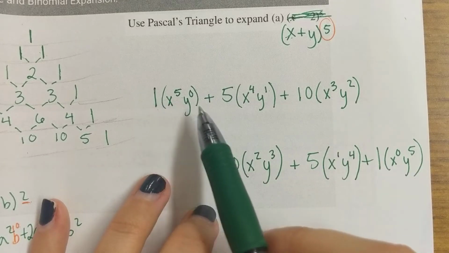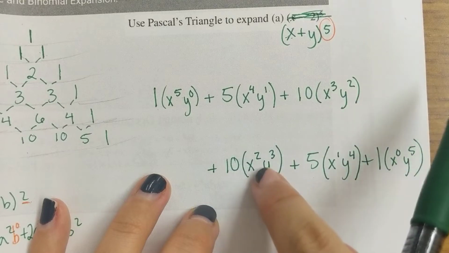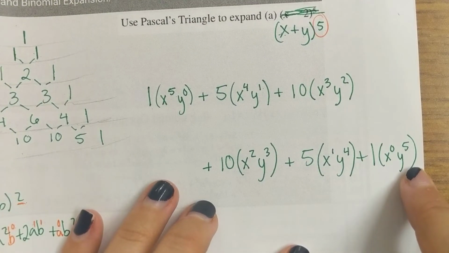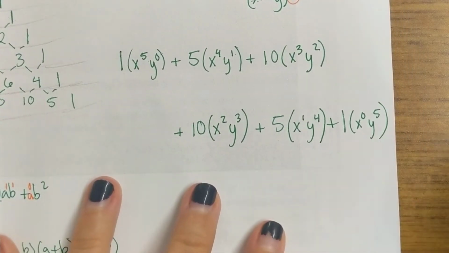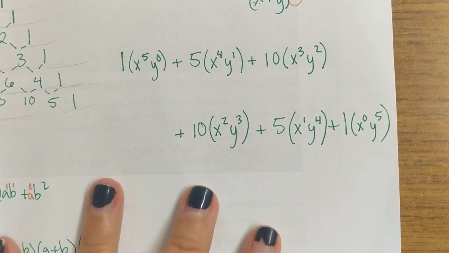So you have your coefficients from Pascal's triangle. You have your pattern of descending and ascending exponents. You're done expanding. All you have to do is just clean it up. Such as y to the 0, you can just write 1. You don't need to write it. We don't need the parentheses.